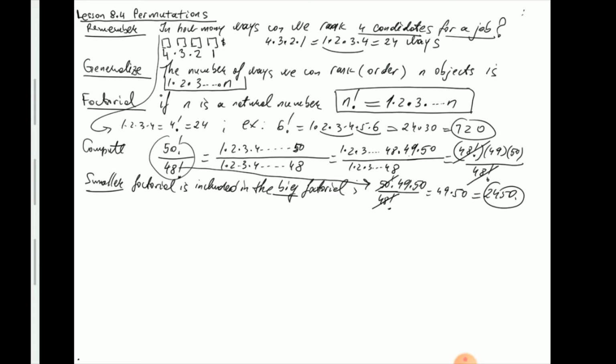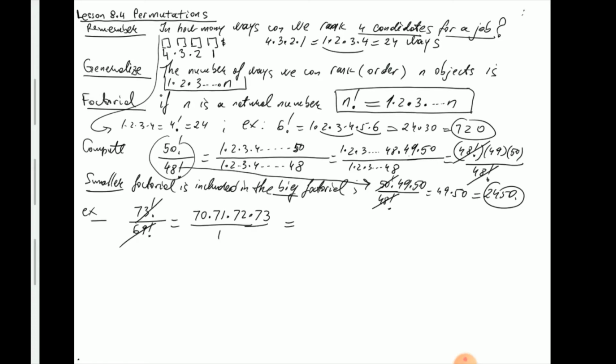Let's do another example. So let's say I have 73 factorial divided by 69 factorial. Once again, the smaller one disappears completely, and on the top you're left with all the factors that follow after 69. So that's going to be 70, 71, 72, 73.